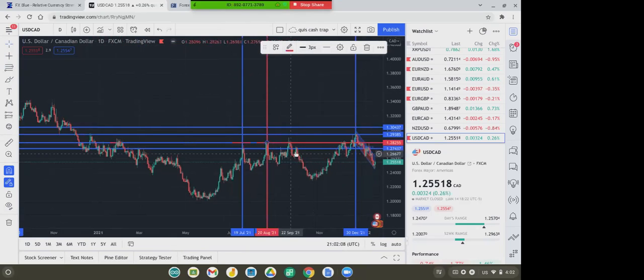Make them red. See the cross line. I like the cross line because it shows you the month, the day, and the numbers on the side. It also makes a vertical and a horizontal line, so I know once it passes that day, it's going to either make a big move down or up, right?